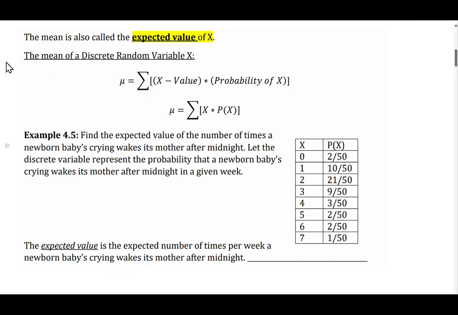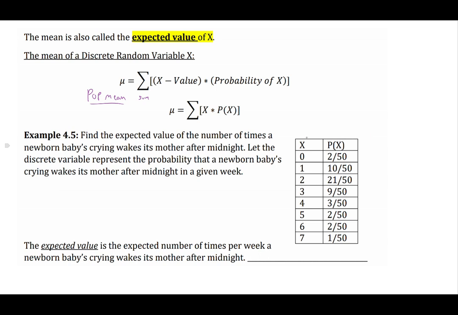There's a formula here. The formula says mu, the symbol for population mean, is the sum. This sigma symbol here represents the sum of the x values times their probabilities, or the sum of x times p of x.